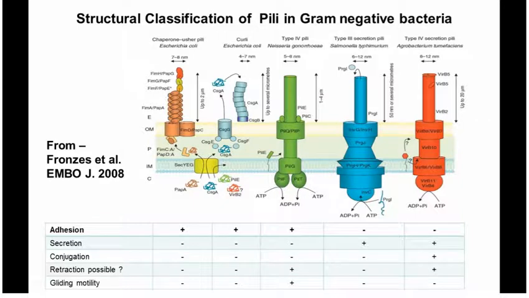So let's have a look at type 3. Okay, so type 3 Pili. They're formed by a big multimolecular protein complex that crosses the whole cell wall. So there's part of it anchored in the outer membrane, part of it anchored in the plasma membrane, and it crosses the peptidoglycan layer.